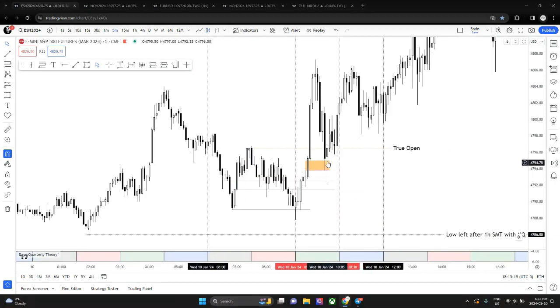So price trades below the true open, that's when you buy. If you look to the left, you can see the wick down to this inverse fair value gap right here, and this inverse balance price range right here.